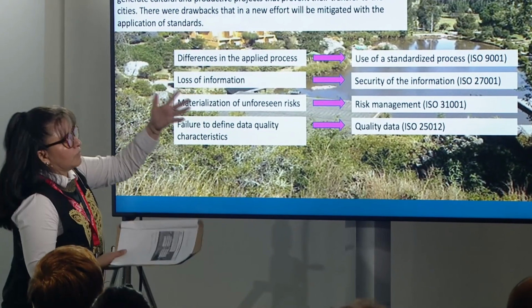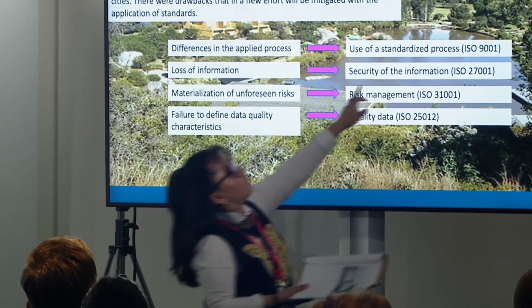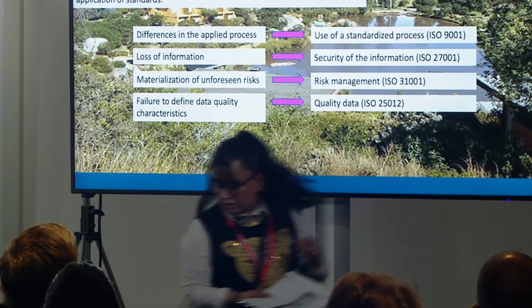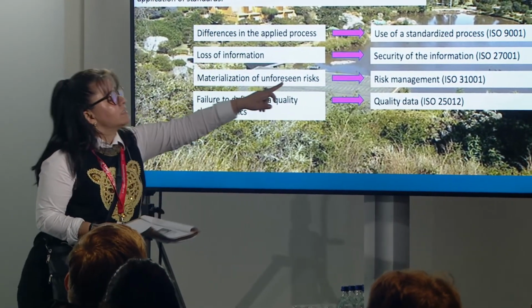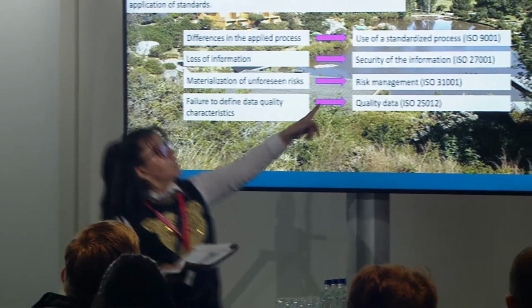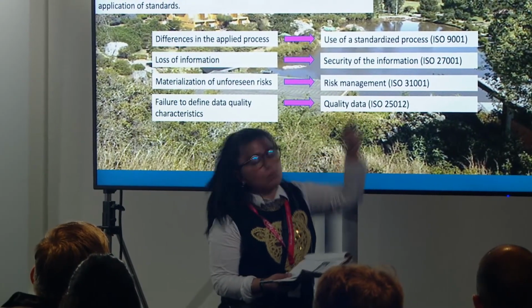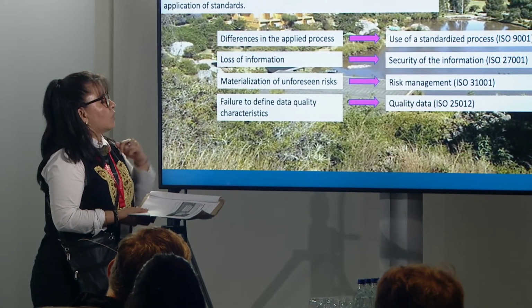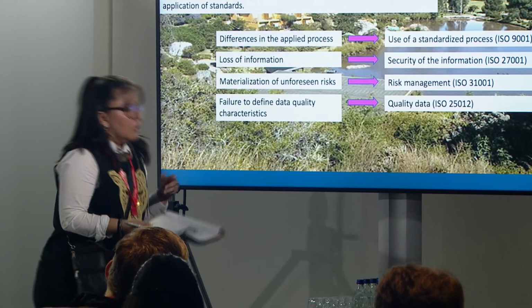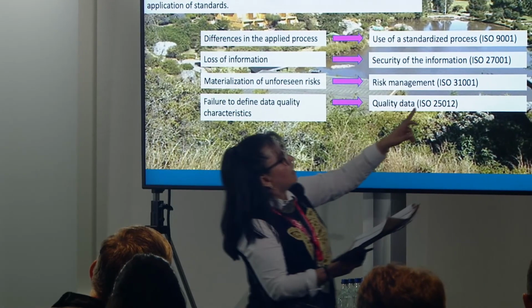Loss of information, please use security of the information, ISO 27001. Materialization of unforeseen risk, use risk management, ISO 31000. And failure to define data quality characteristics, you can use data quality, ISO 25012.